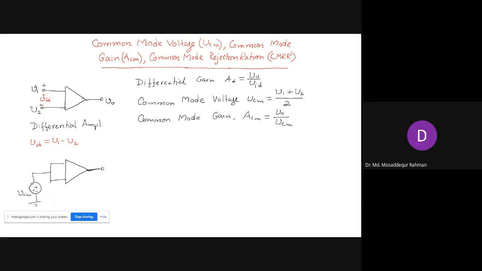So that is our common mode voltage, with the plus terminal and negative terminal.